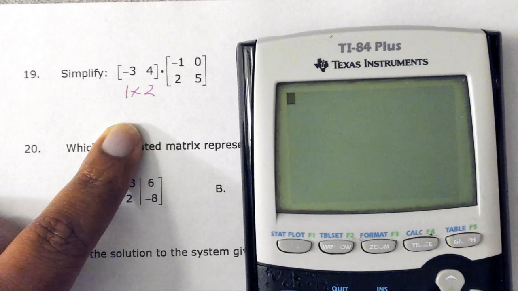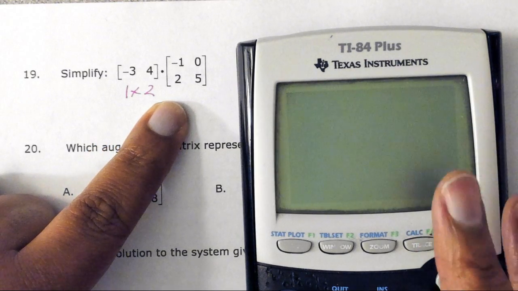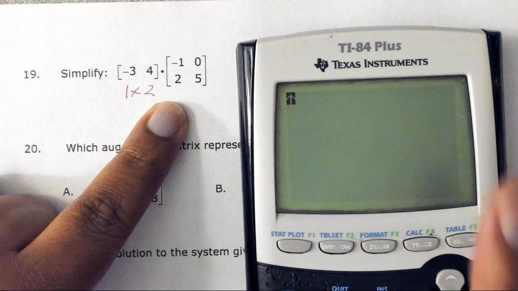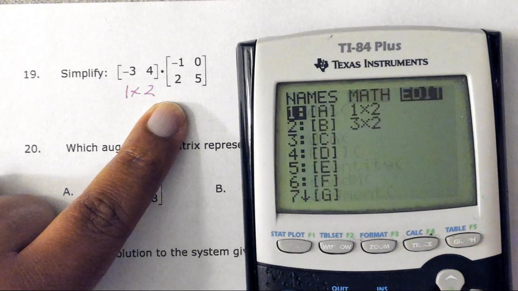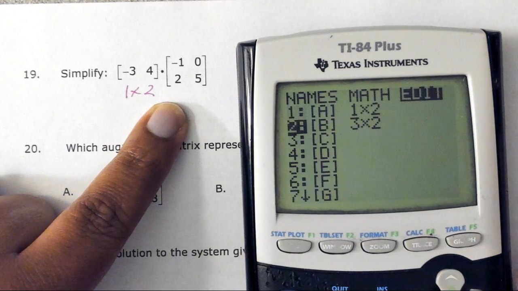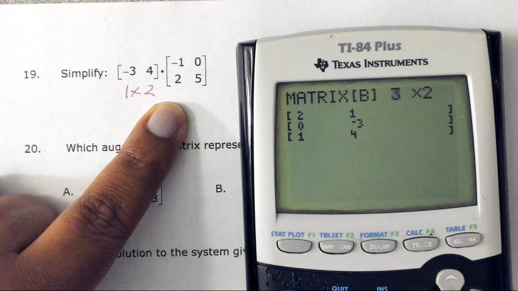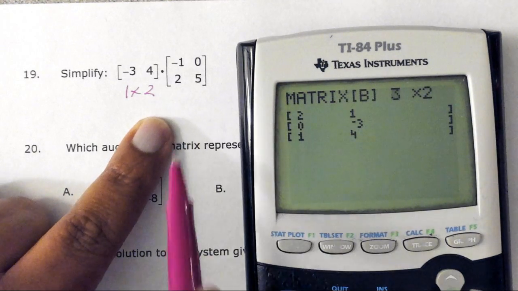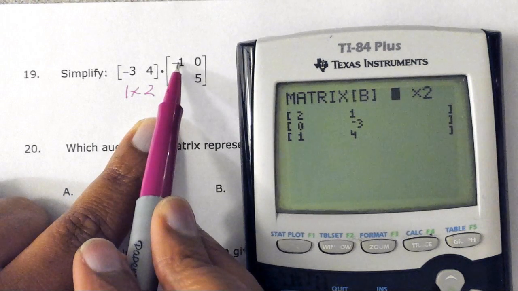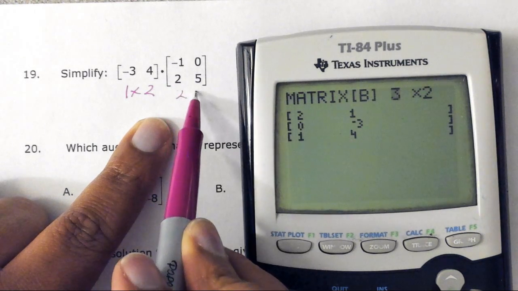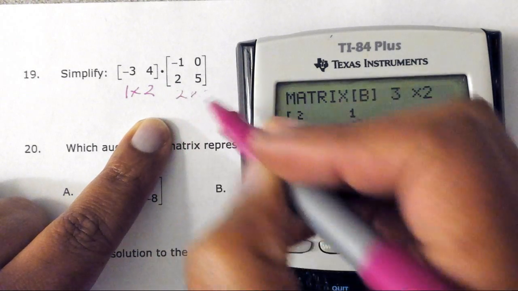Let's go into our second matrix. The second matrix, we're going to do the same process. Go over to Edit, but this time go down to Matrix B. Notice my dimensions here is a 2 by 2, 2 rows and 2 columns.